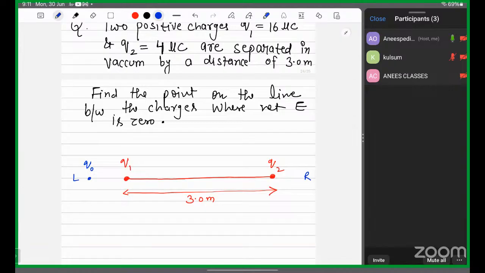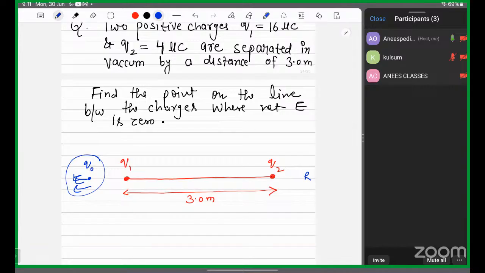Q1 is positive, Q naught also positive, so E will be outward, repulsive. Q2 is positive, Q naught is also positive, again repulsive. So both E1 and E2 vectors are in the same direction, due to which they will never cancel out each other.